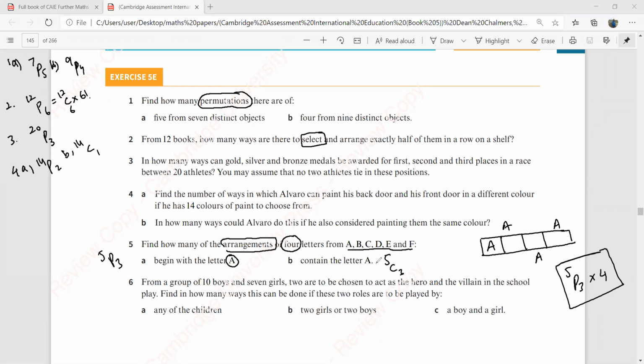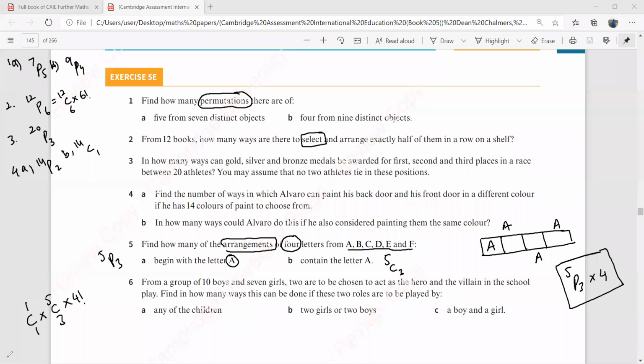Suppose you have this A, and then you have 5 more. From these 5 you need 3 more. Now altogether you have 4 letters in your hand, and now you are going to arrange them. So this is 5C3 times 4 factorial.